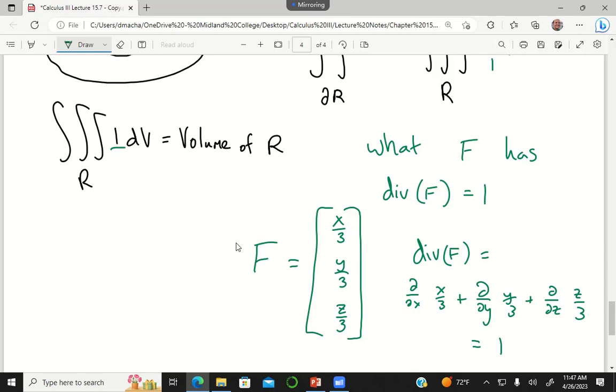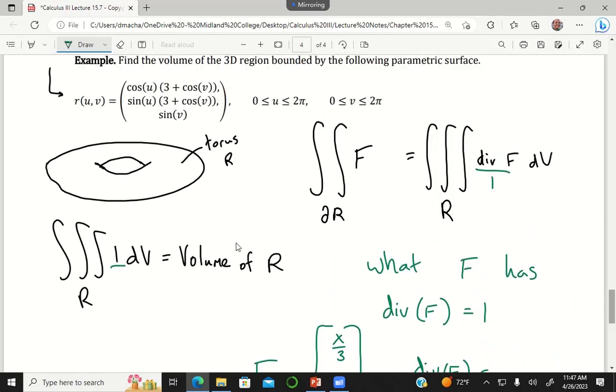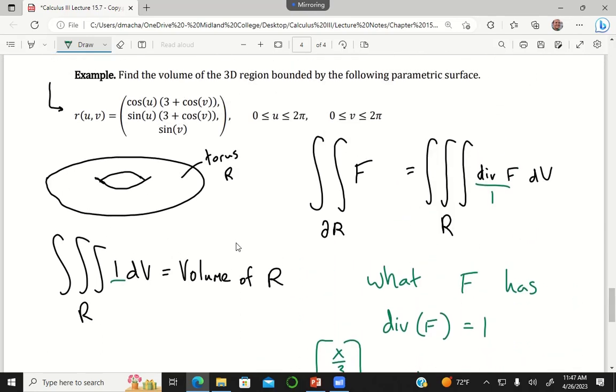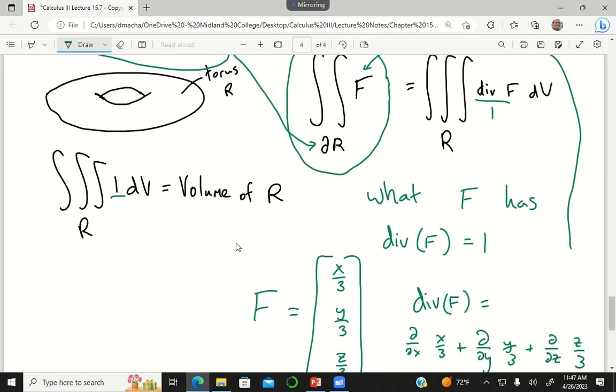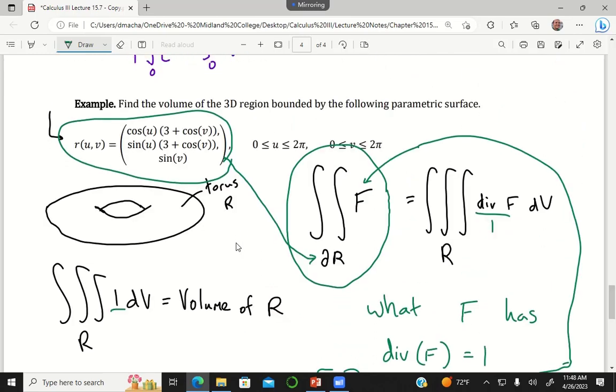I'll leave it to you to try in your own time if you want: take this surface integral using this parametric surface and this vector field, and that should give you the volume of the torus. Of course, there's easier ways of finding the volume of a torus, right?